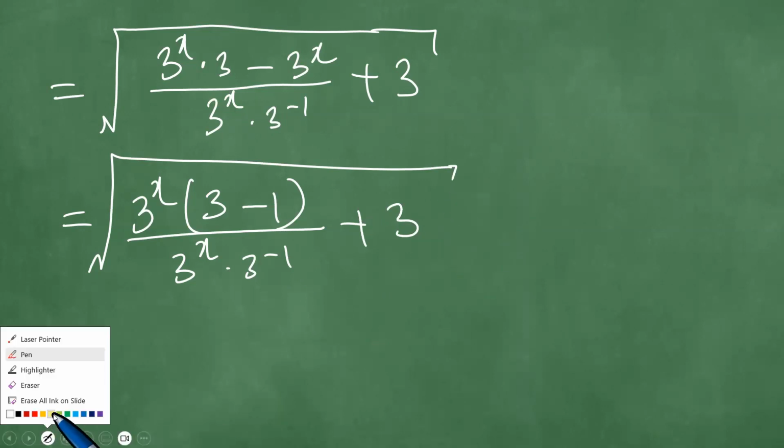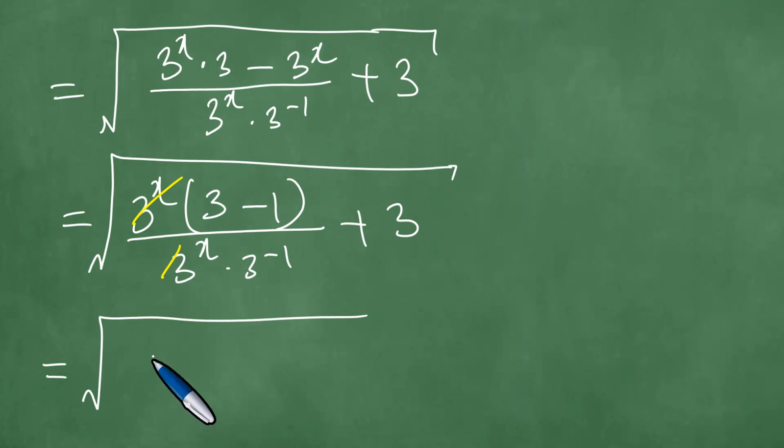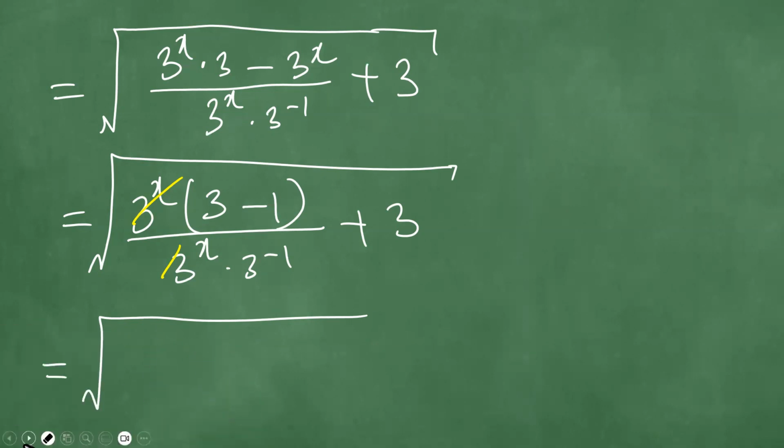Now you cancel this out. So you have 3 minus 1. What is 3 minus 1? It is 2. And then the 2 can be multiplied by the 3 to the power minus 1.